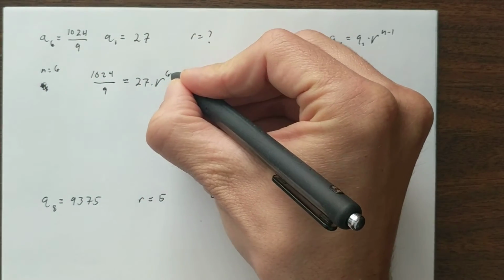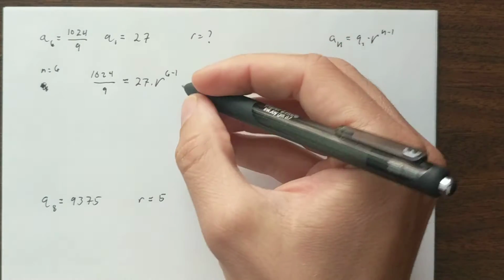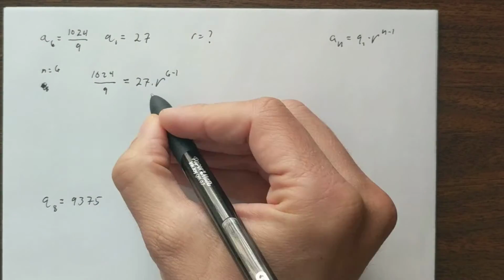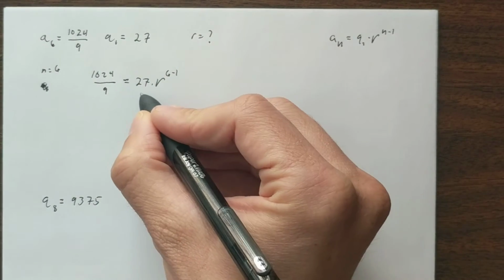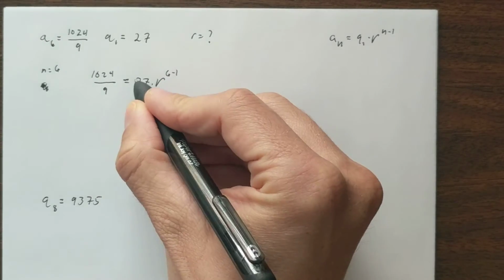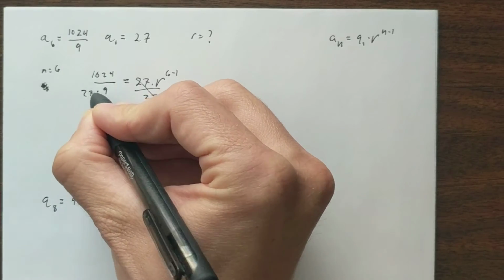So this is to the power of 6 minus 1. Here we go. So what we need to do is get rid of the 27, so we're going to divide both sides by 27. If I divide this by 27, it goes away, and dividing this by 27 means just putting it on the bottom of the fraction.